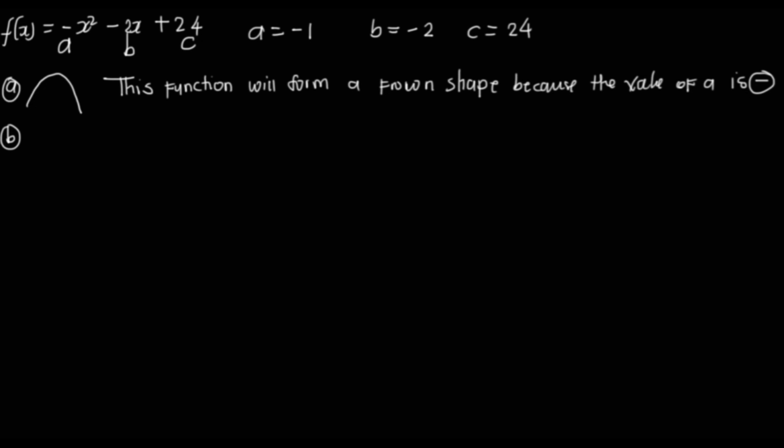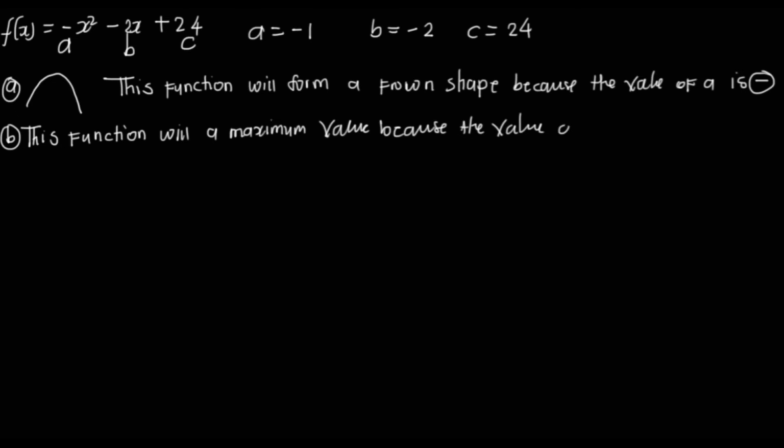Then we can look at the next question: will this function have a minimum or a maximum value? We can say this function will have a maximum value because the value of a is negative.